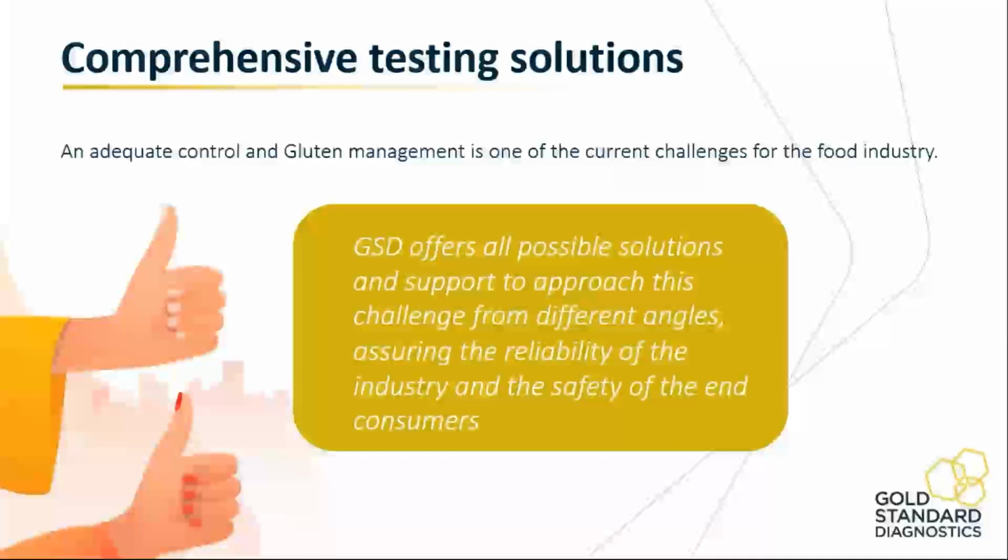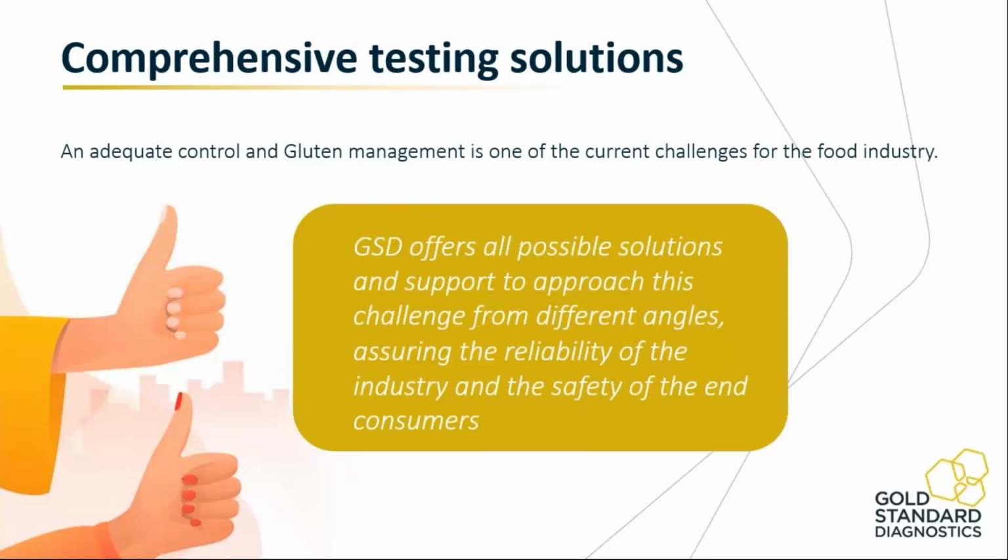So with this, I would like to conclude that right now GSD has a comprehensive testing solution. An adequate control and gluten management is one of the current challenges in the food industry. Not only gluten, we can mention that in general all the allergens are one of the most important considerations that we have in the food industry.